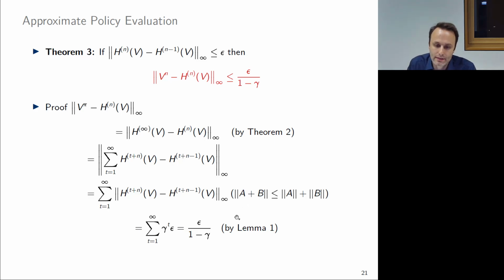So here we see that if the discount factor is close to 1, then we multiply the epsilon, the error, by a very large number. But if it's close to 0, then we divide epsilon by something close to 1.